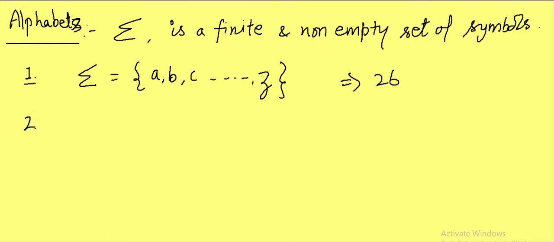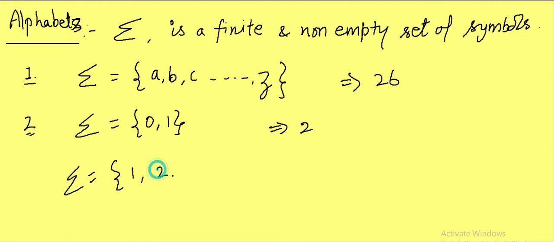The second example is 0 and 1, which is again a finite set because it has only two elements. Another example is the set of natural numbers, but it is not finite, because there are infinite elements in this set.